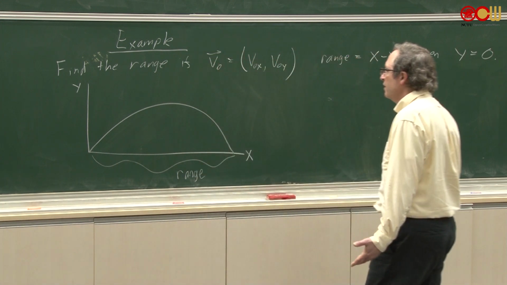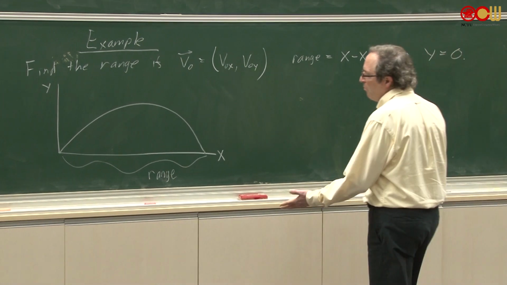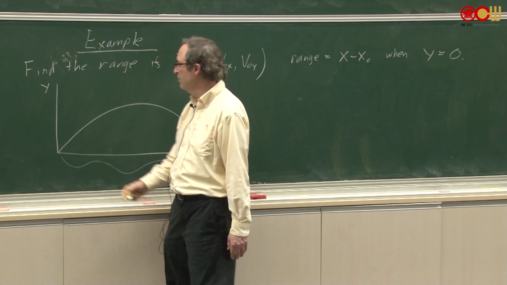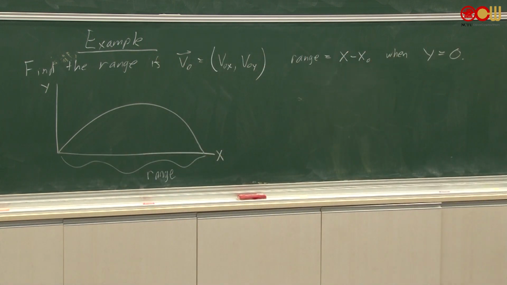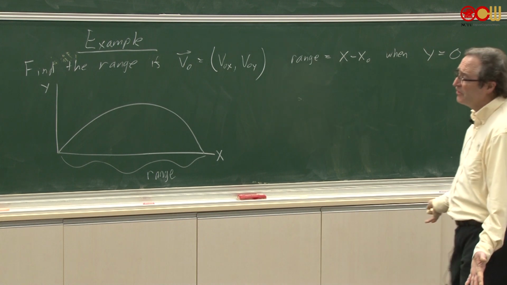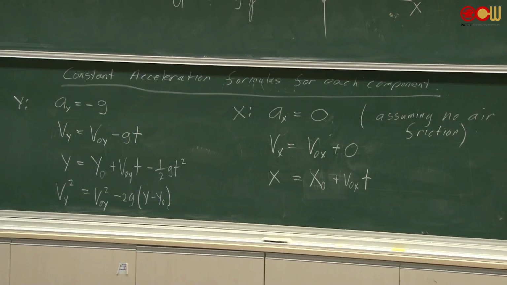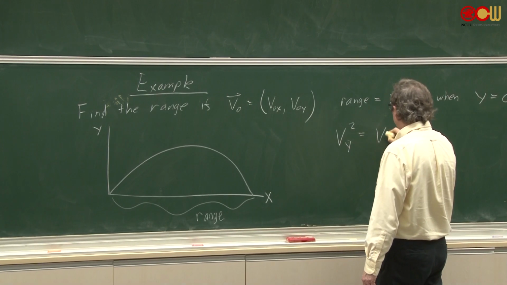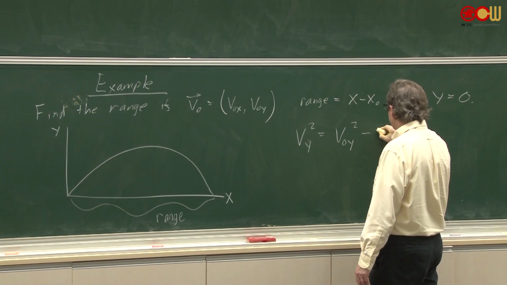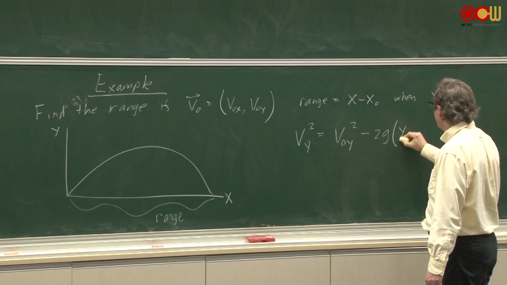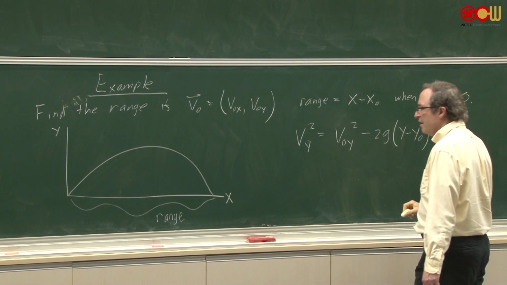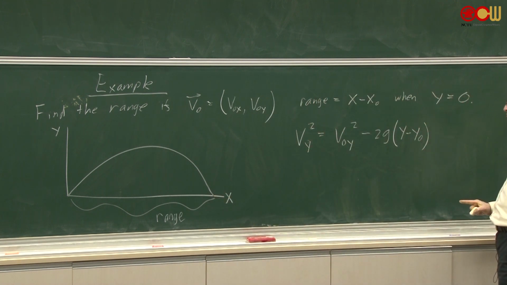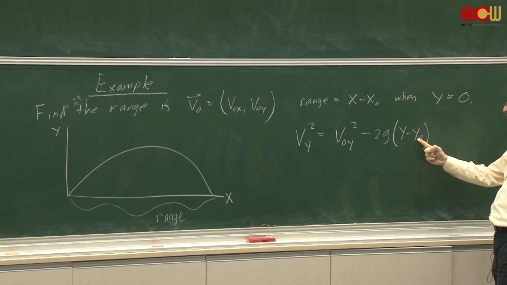Okay, so that's it. All right, so it's very convenient in most problems to choose y0 and x0 equal to 0. All right, and now I need to find the range. Again, since I'm not interested in time, it looks like these things might be useful. So let's do that. So we have vy squared equals v0y squared minus 2g (y minus y0). All right? Now, at this point here, it's very interesting. The final position is the same as the initial.